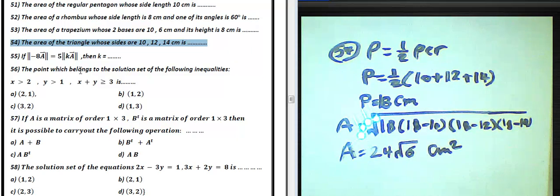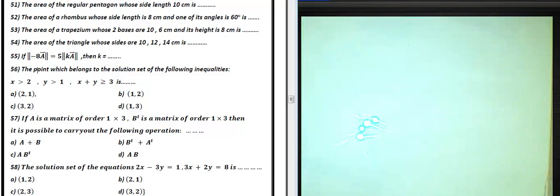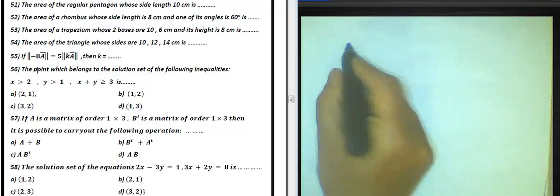Question 55. If the magnitude of vector A multiplied by -8, the magnitude of -8 times vector A, equals 5 times the magnitude of K times vector A, then K equals what?